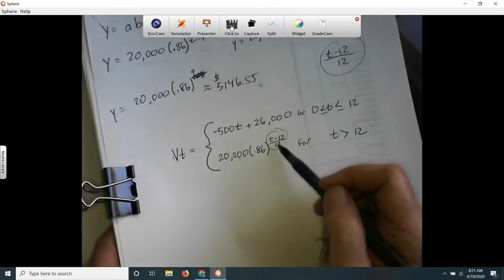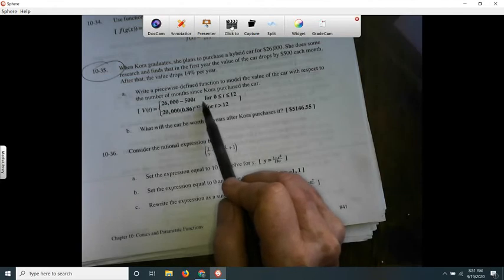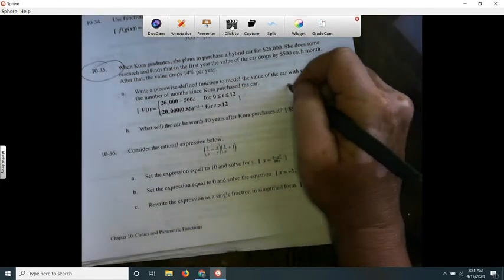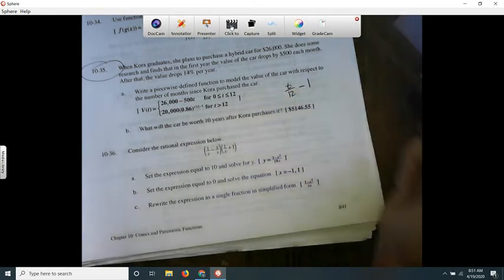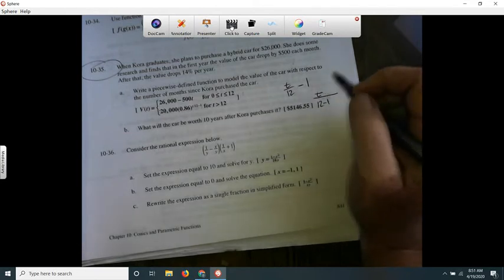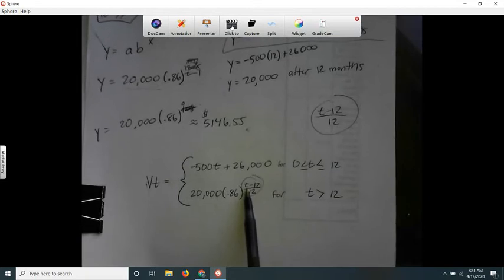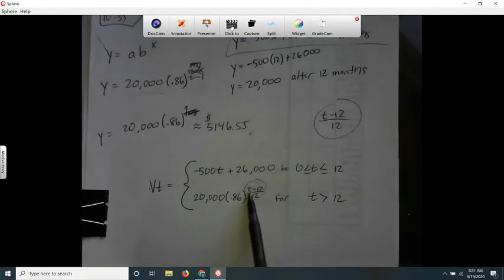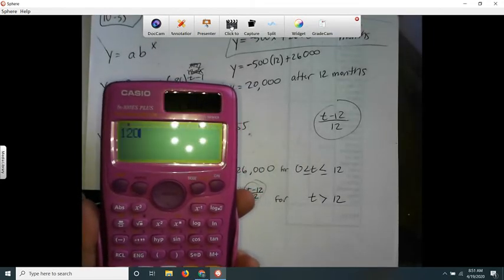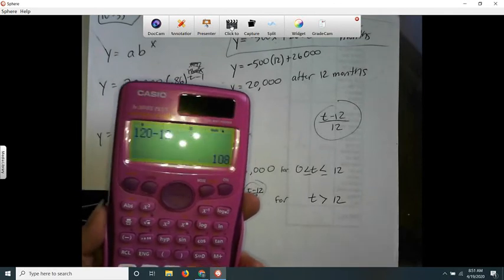If I broke this up, this would be T over 12 minus 1. And I guess that's what this is saying: T over 12 and then off on the side minus 1. It looks like T over 12 minus 1, so it's a little confusing, but this actually will work, because when you plug in your 120 for the 10 years and you subtract the first year off of it, that's the 12 months, you get 108.